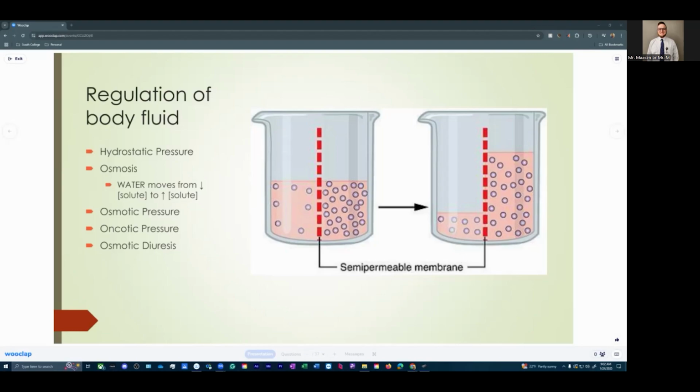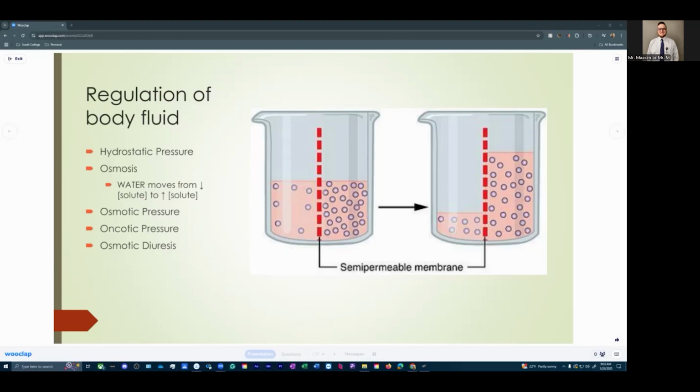The forces in play are hydrostatic pressure of the blood vessel, especially on the arterial side, pushing things out, and osmotic pressure, which is the pressure forcing things back in, and they balance each other out for what amount of fluid is going to move in and out of blood vessels. Those are the two forces: hydrostatic pressure and osmotic pressure.